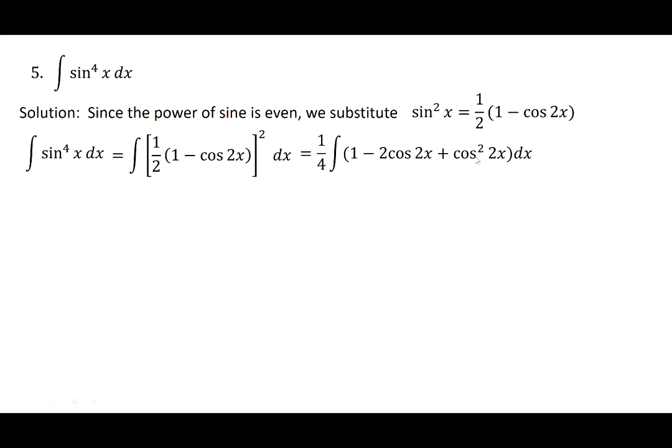We know that cosine square x is 1/2 times (1 plus cosine 2x). So, any idea what cosine square 2x would be? That's the key.